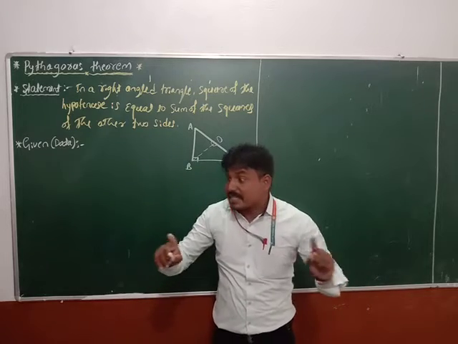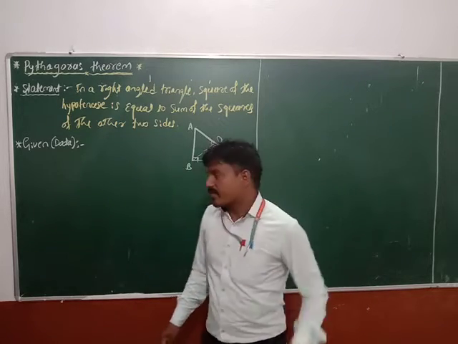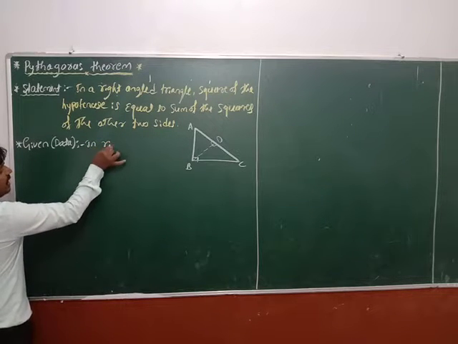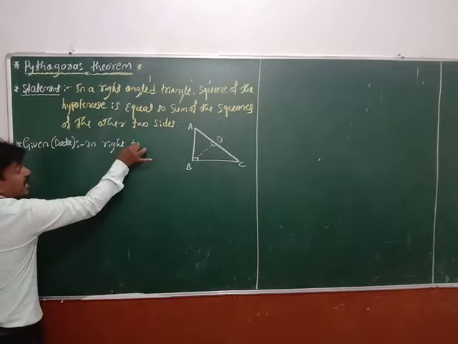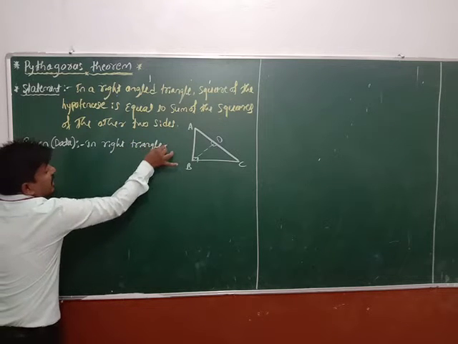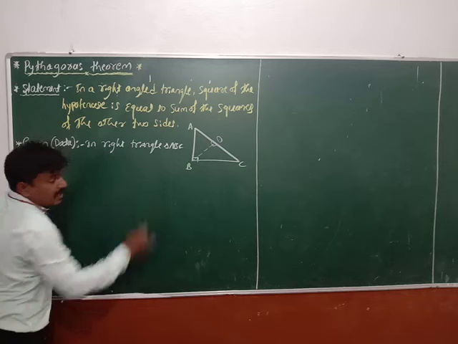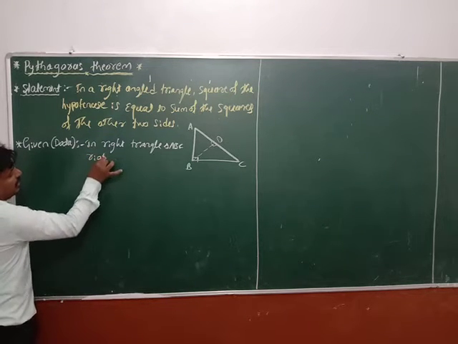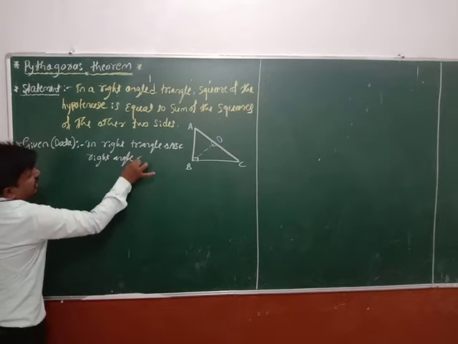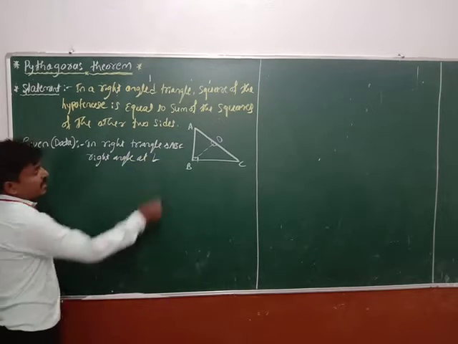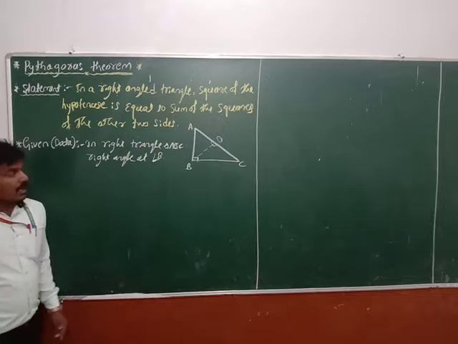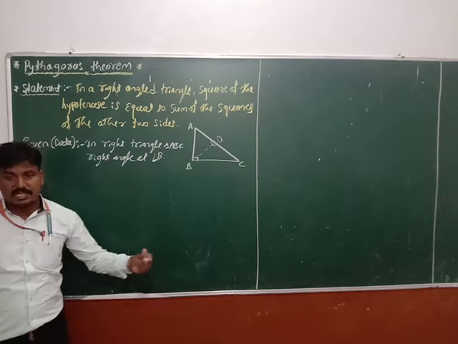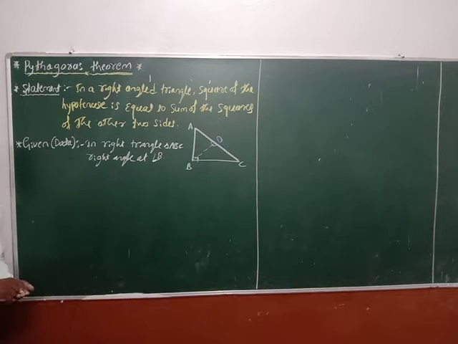A right angle triangle ABC is given, with right angle at B. This is given.